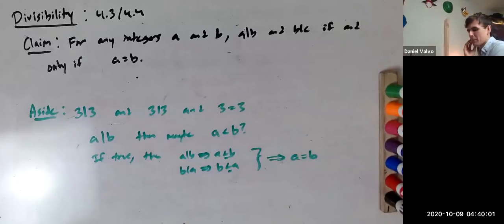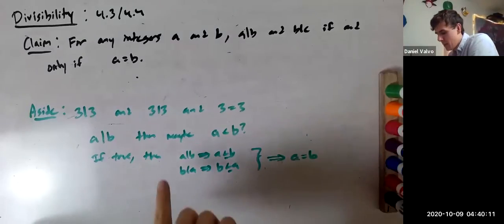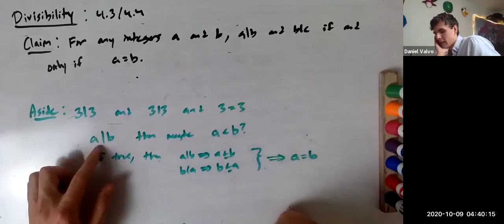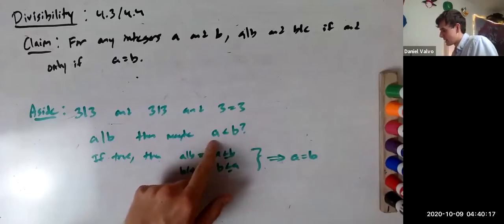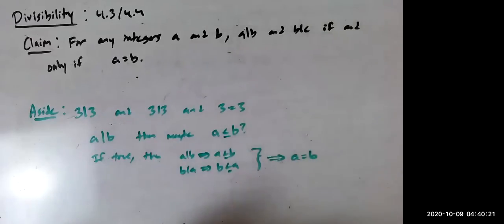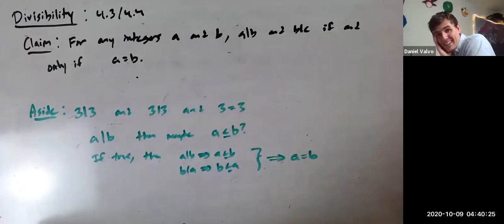do we see any problems with this? Because I said maybe, right? Can anyone think of a situation where A divides B, but A is not less than or equal to B? The negative of a number? Negatives.